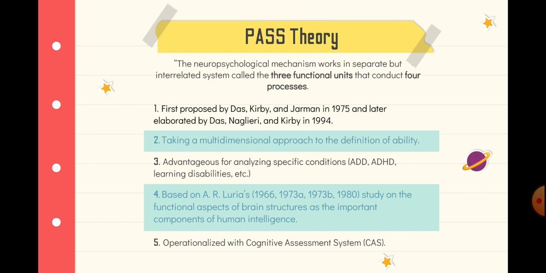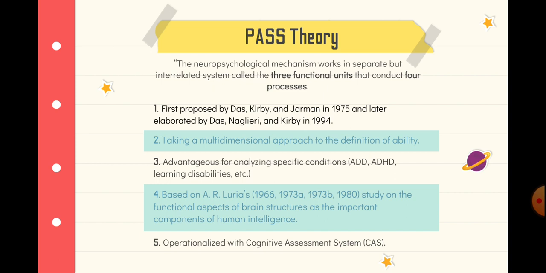And so this theory is based on A.R. Luria's studies on the functional aspects of brain structures as important components of human intelligence. The studies were conducted in 1966, 1973, and 1980.